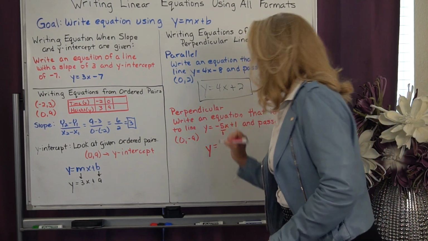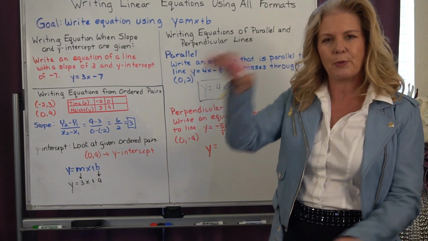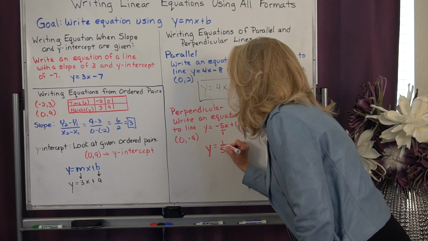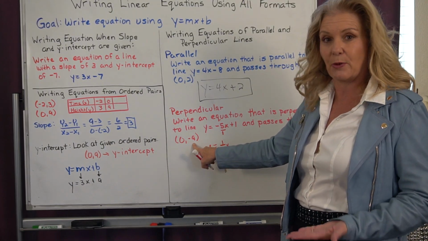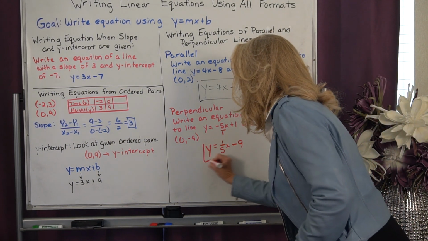Well, remember, 5 is really 5 over 1 because it's the ratio. So the reciprocal means I flip those two, so I get a positive 1/5 x. And then it told me I was going to go through 0, negative 9. There's my y-intercept. I would write minus 9.